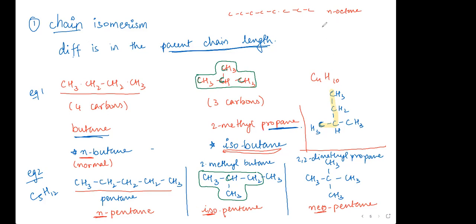Another example is something you must be really familiar with because it is a component of sanitizers. When you come across isopropyl alcohol, alcohol tells you that there is OH, and propyl tells you that there are 3 carbon atoms.